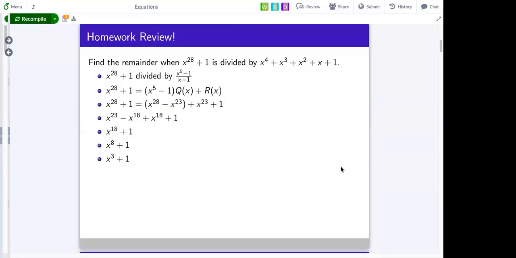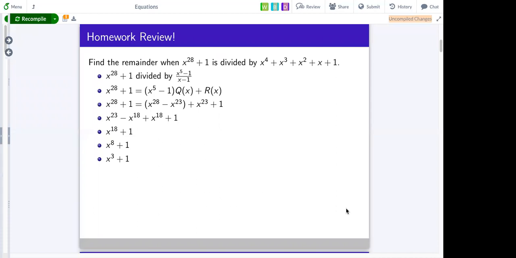So now we just want the remainder when x cubed plus 1 is divided by x to the 5th minus 1. But this is just x cubed plus 1. Since it has degree 3, it's also the remainder when we divide by x to the 4th plus x cubed plus x squared plus x plus 1.